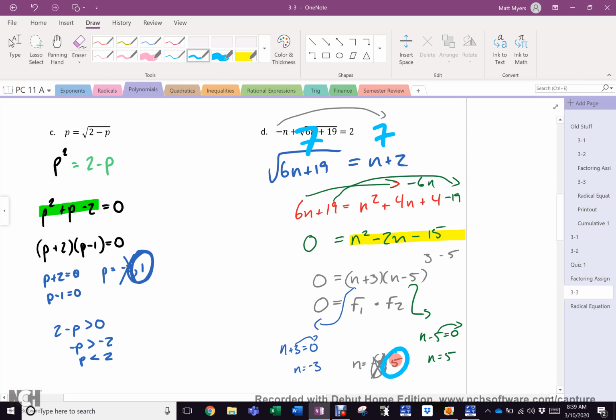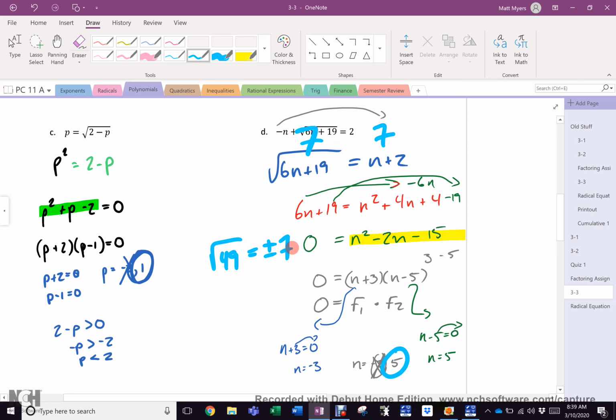Now, a great many of you still are saying, Myers, how can there be 2 answers here, but only 1 answer up here? That is because we squared this. Because we remembered that the square root of 49 actually has 2 answers, plus or minus 7.